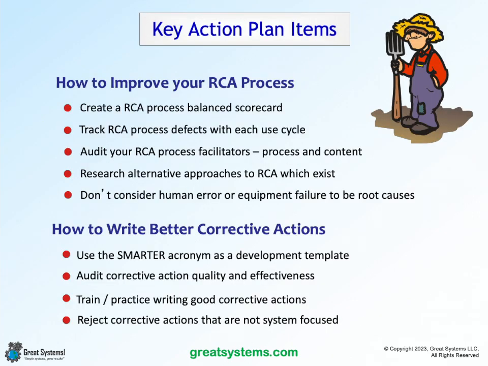So if you want to improve your RCA process, if you want to improve your corrective action process, I give you some action items at the end of this video. Please take a chance to give them a look. But most importantly, what you're doing is you're looking at, okay, I invest this amount of time and effort into my root cause analysis efforts. Here's the root causes I get. Here's the corrective actions that those root causes lead me to.